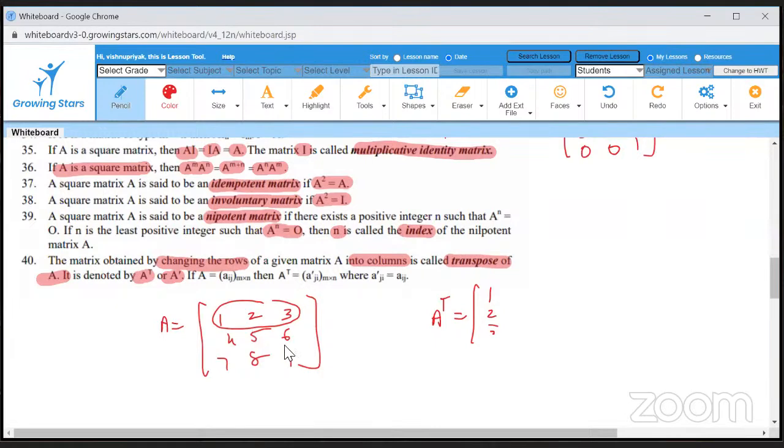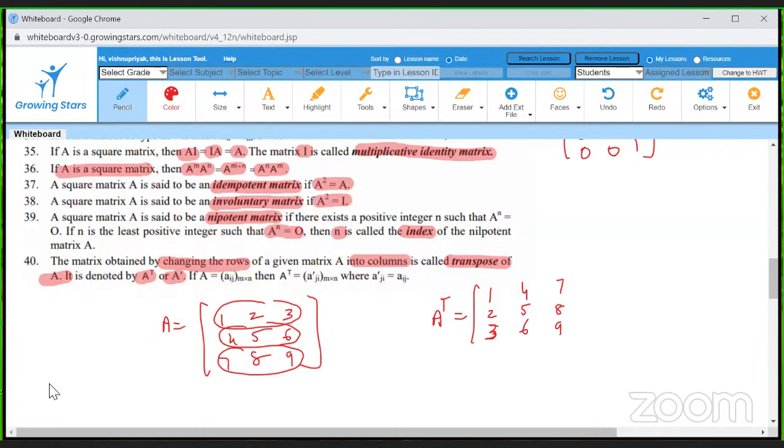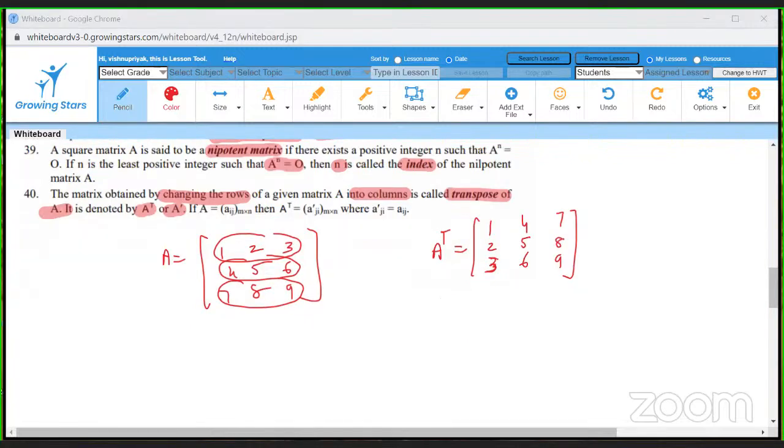Make the second row as column 4, 5, 6. Make the third row as column 7, 8, 9. This is called transpose of the matrix, A transpose. Next.